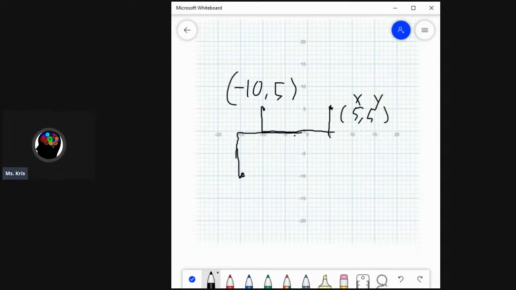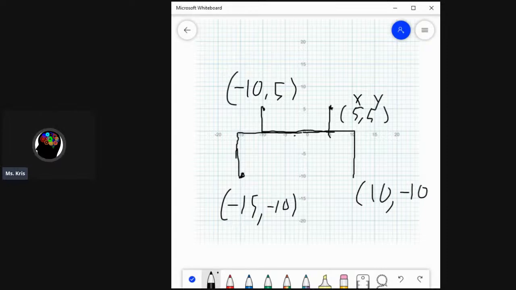Make sure you circle your point and plot it. And that will give me negative 15, comma negative 10. And then, of course, I can easily go to 10 and then negative 10 for quadrant 4, and that will give me 10, comma negative 10.